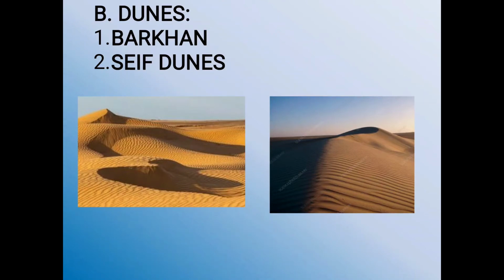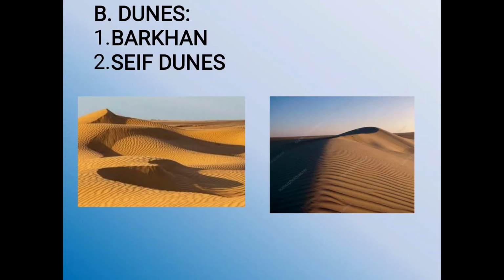On the windward side, the slope is gentler, while on the leeward side, the slope is sharper or steeper. On the windward side, the mound of sand shows a convex surface.